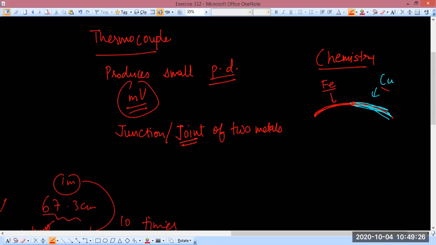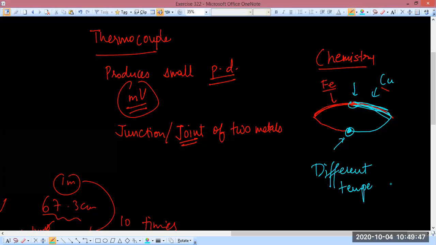So if you take one such joint and another such joint like this, there are two joints, one here and one here, and you keep these joints at different temperatures, because of these two different temperatures and these two different metals, there is going to be a potential difference. There is going to be a voltage developed between these two junctions.